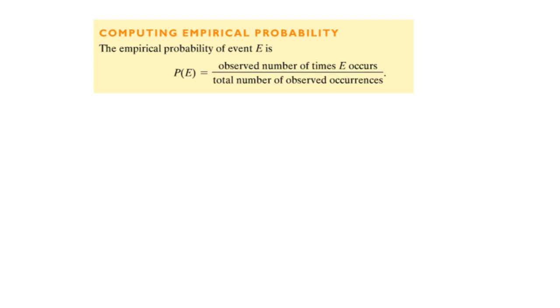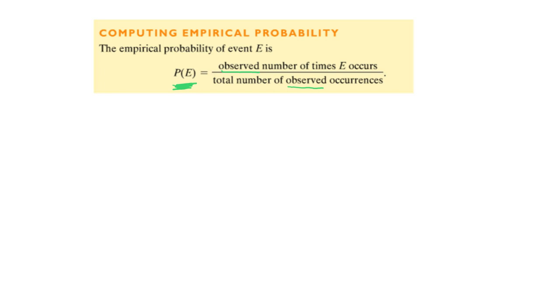Computing empirical probability. It says the empirical probability of an event E is equal to the observed number of times E occurs, this is observed, over the total number of observed occurrences. All right, so that you can distinguish the difference between theoretical versus empirical.